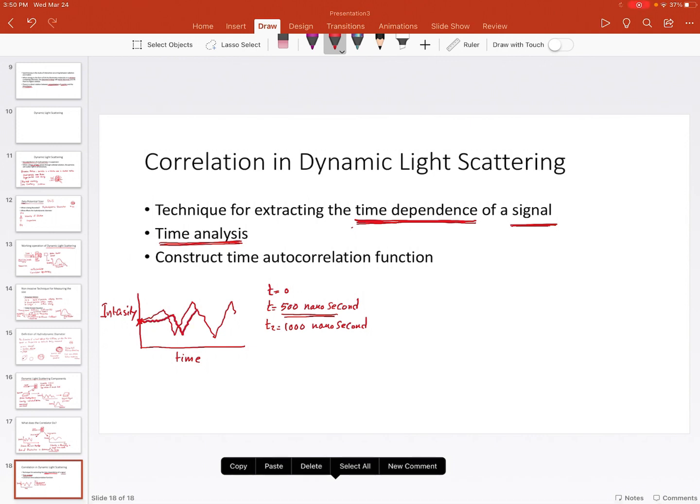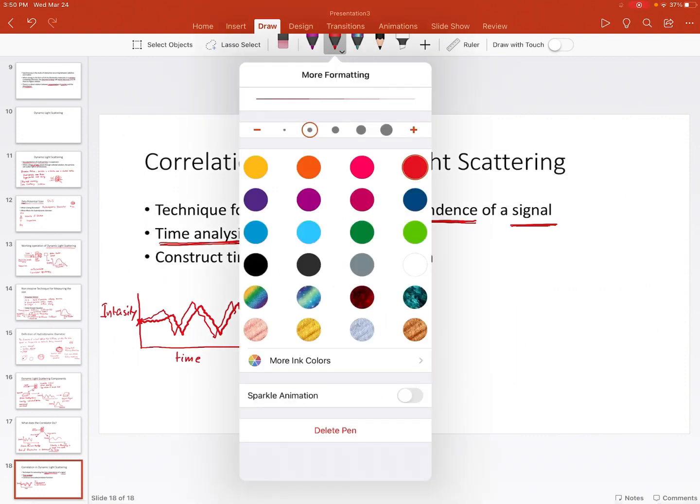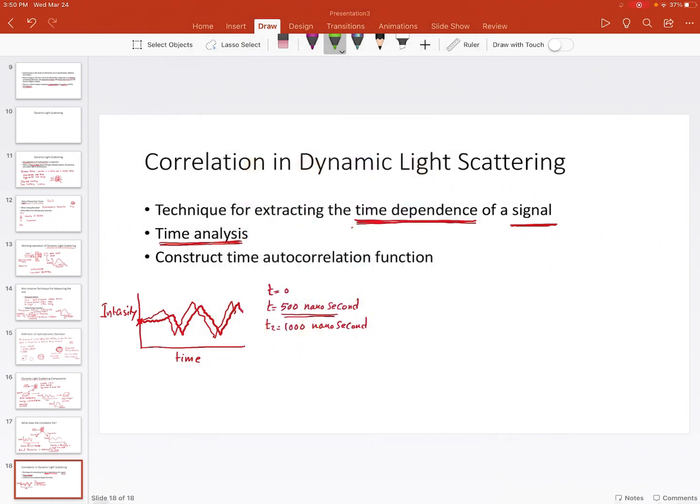So we're going to have a graph similar to this. So this graph is different from the first graph. In the next time scale, again we are measuring the fluctuation intensity. Again it's changing. Let me show you with another color.